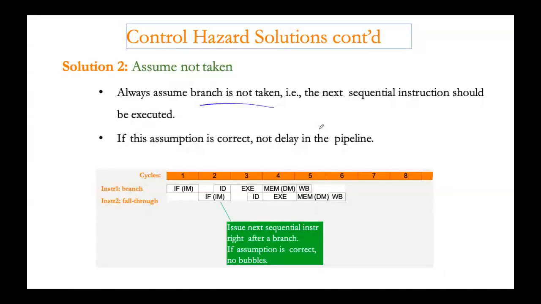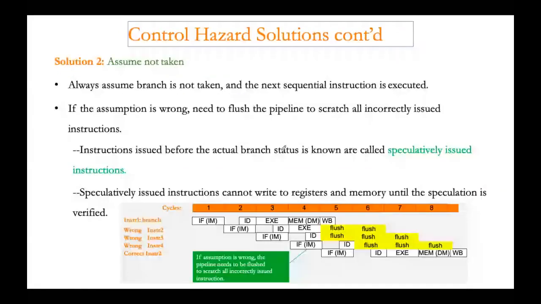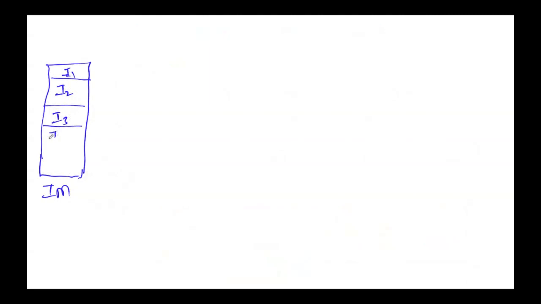Let me give you an example. Suppose we have the instruction memory, which is holding instruction 1, instruction 2, instruction 3, instruction 4, and this continues up to instruction n.